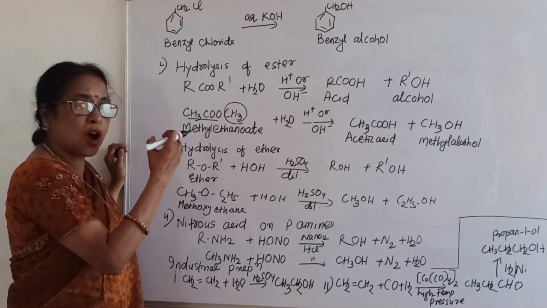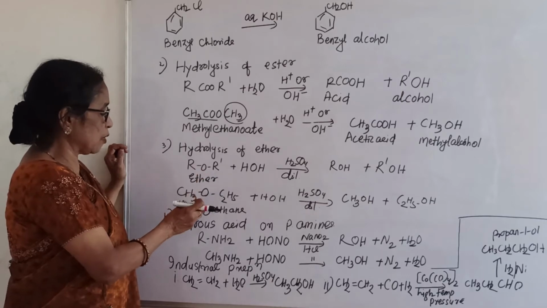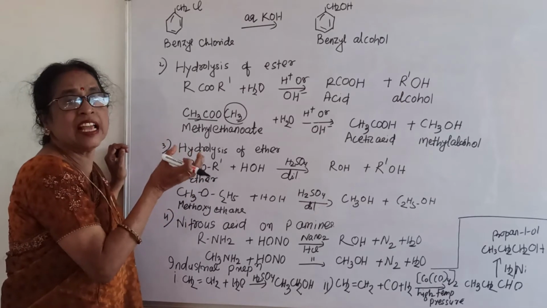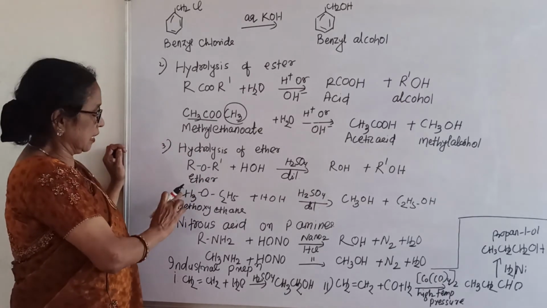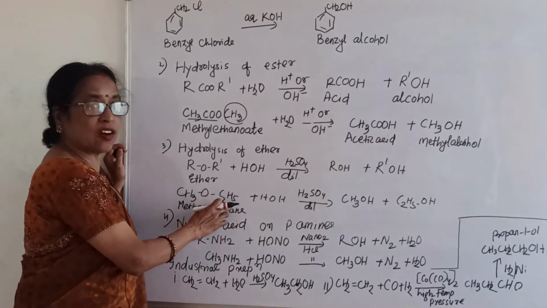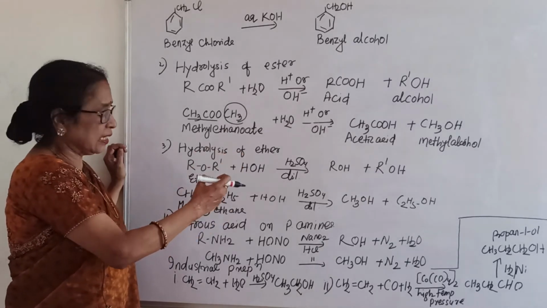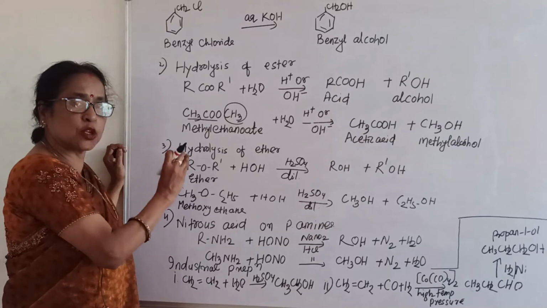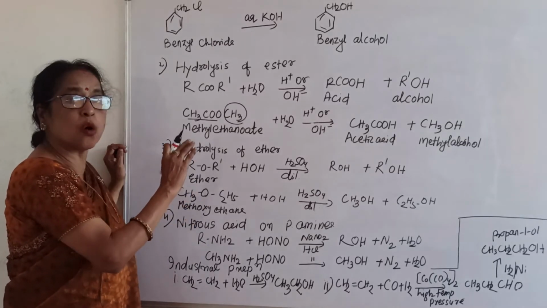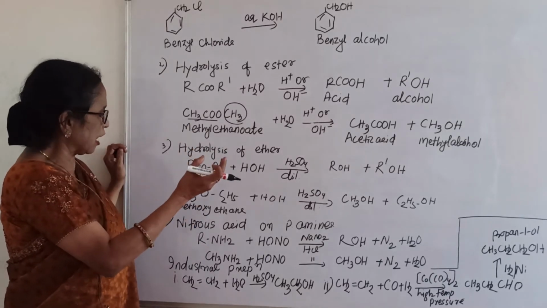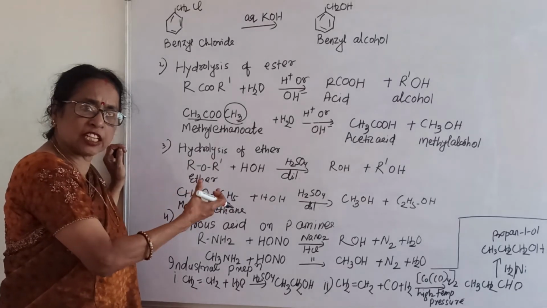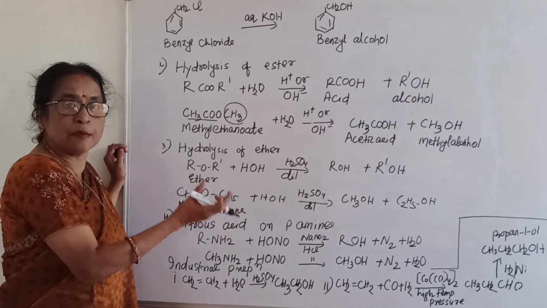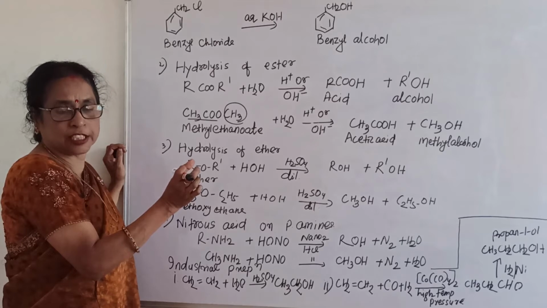But according to IUPAC name, what is that one? You will select the longest chain as the alkane group. This side is not longest, this side is longest. Ethyl group side is longest. That is why the other group that you regard is alkoxy. Now tell me whether methoxy is correct or ethoxy is correct, because the ethyl group is the long chain one.